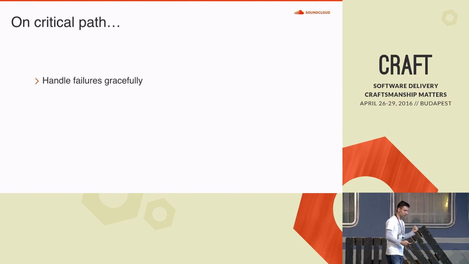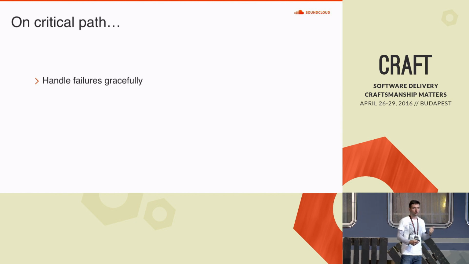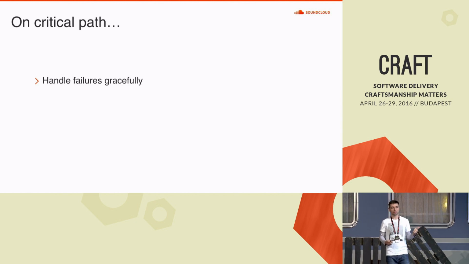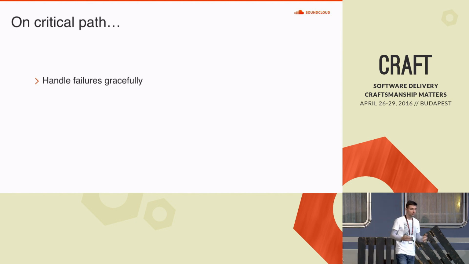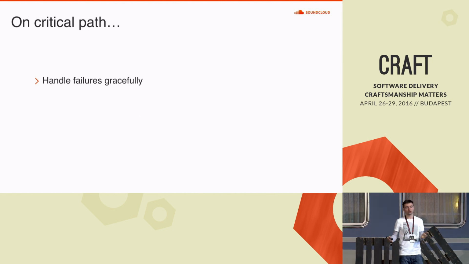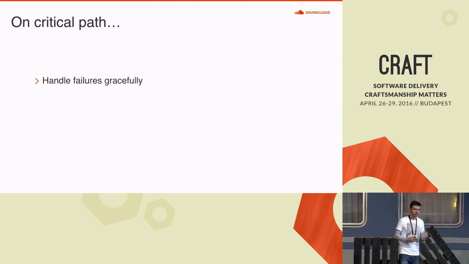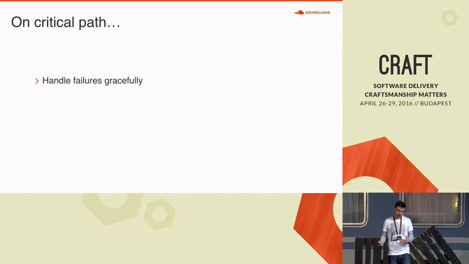We need to make sure that those integration points are able to handle every kind of failure that may happen there. The approach that we usually take is providing default values. If any unknown error or any fatal error happens, we provide a default value for the result of this microservice operation, and then we pass it down in the contextual data.